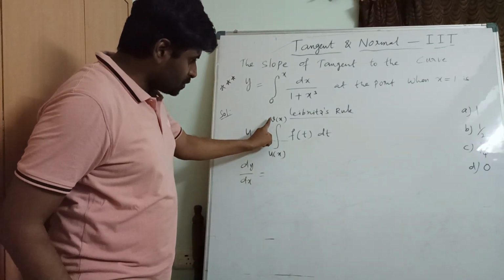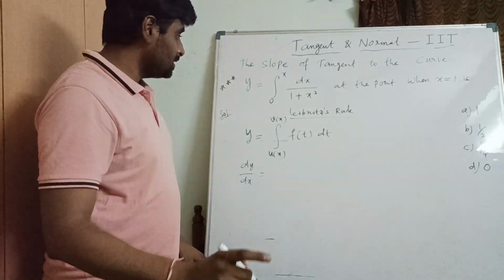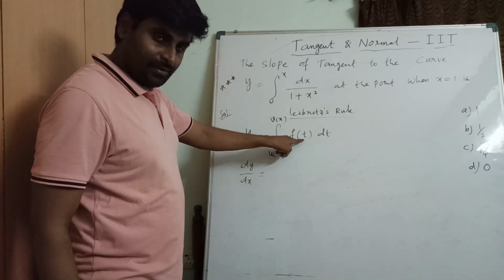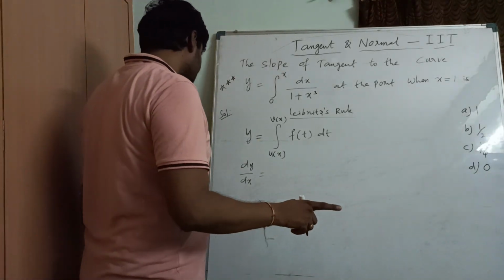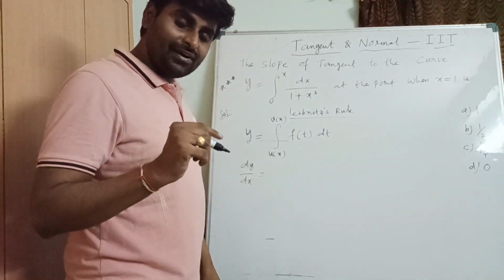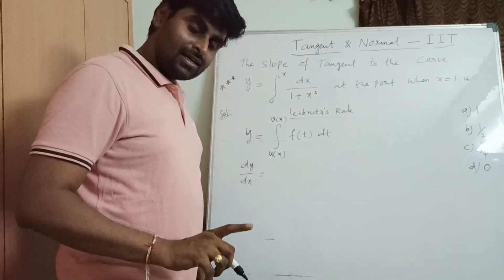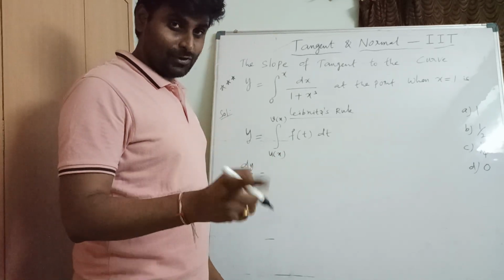How? First substitute the upper limit and differentiate the upper limit, minus substitute the lower limit and differentiate the lower limit. So finally the formula is functional value of upper limit into derivative of upper limit, minus functional value of lower limit into derivative of lower limit.